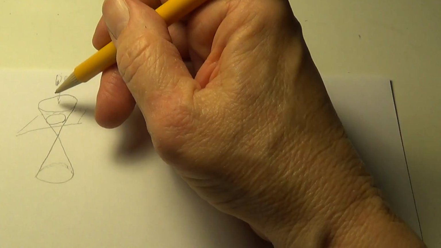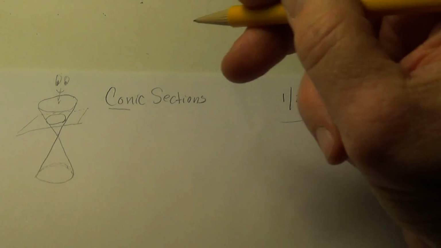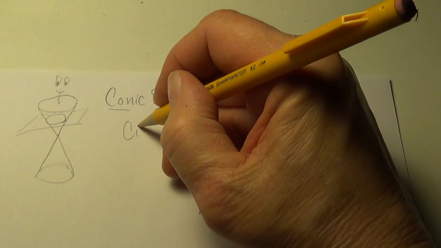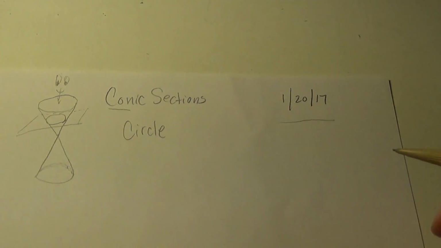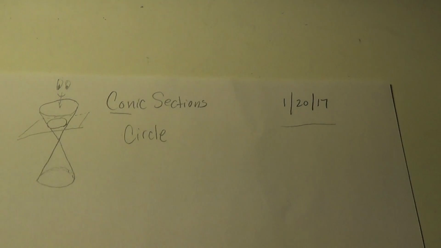From the perspective of the person looking straight down, that will be a circle. So that's the first conic section that we're going to study. So let's get on with it.